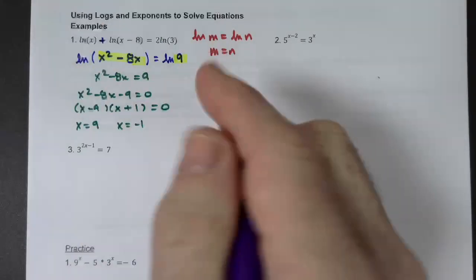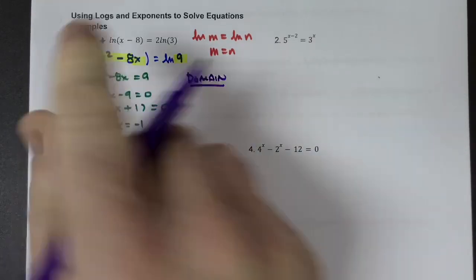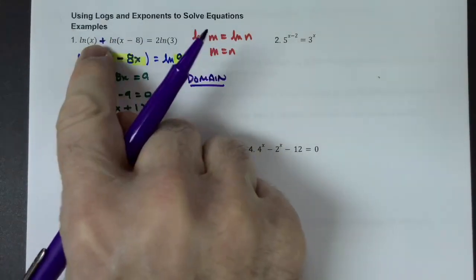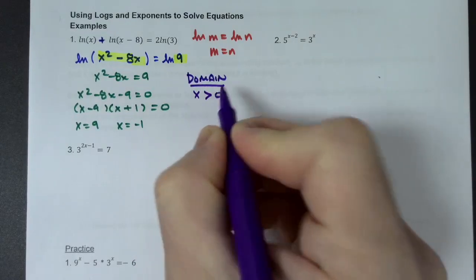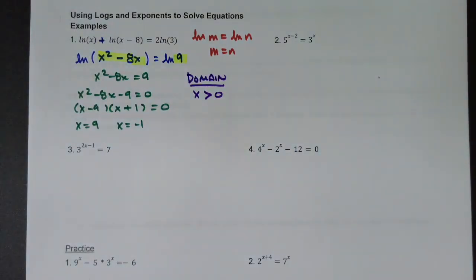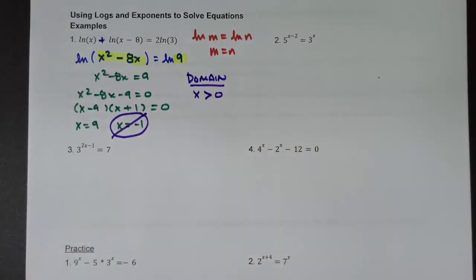In this case, in our first problem, our first part of the problem, this x has to be greater than 0. This is not greater than 0.